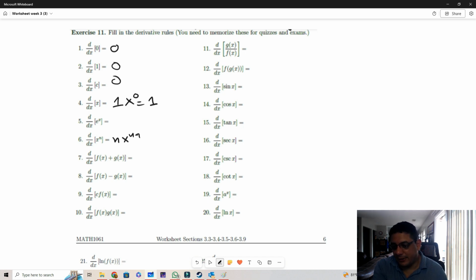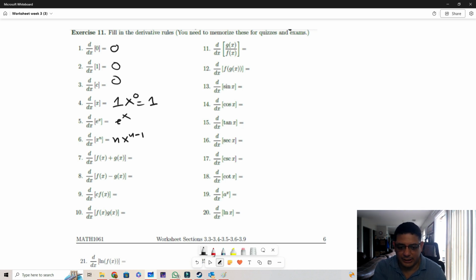In general, if the power is n, you put down the n and then subtract 1 from the exponent, and that works regardless of whether n is an integer or a rational exponent, like for example x to the 1/2. The derivative of the exponential is always itself, and if we have something extra here, then that might multiply.